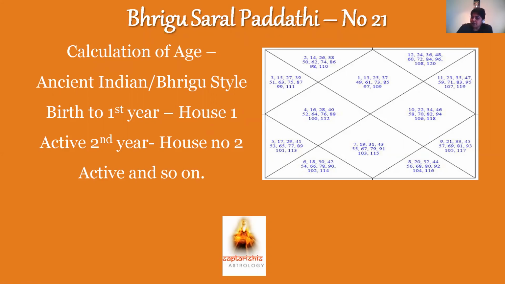From the birth of the child, that is 0 to the first 365 days, the first house is active. From 365 days to the following year, the second house is active. Then the third house is active. During the fourth year, the fourth house is active, and it goes on.